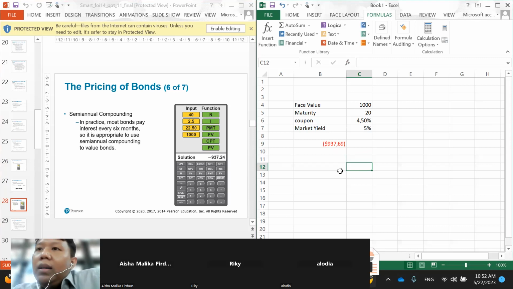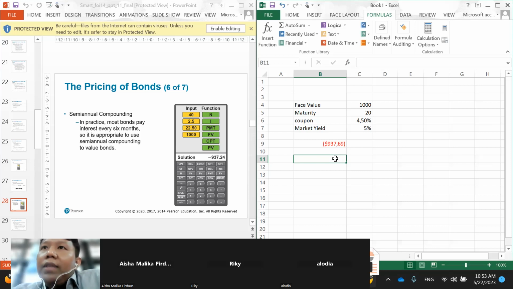It means that you will receive the coupon payment twice a year. When we have semi-annual coupon payment, which is the most commonly used method of paying the coupon, the calculation will be different.